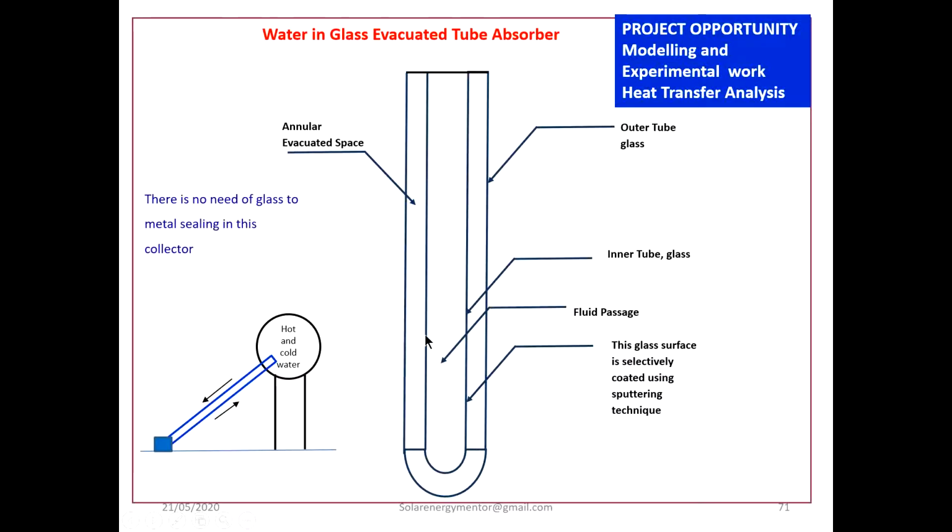If you provide headers, then again there is a question of heat loss over the headers, because the hot water has to flow through the headers and then go to the hot water tank. Another disadvantage we come across in evacuated tubes is that they cannot sustain high pressure water.